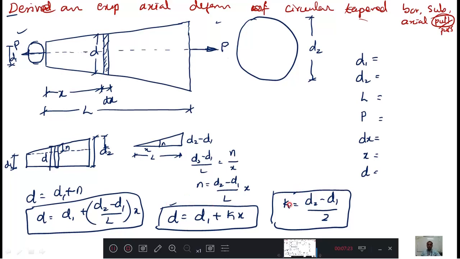After this substitution, I am going to write the small strip here. Let us consider this small strip, which is also pulled by P. The small strip dimension is dx and its diameter is d.